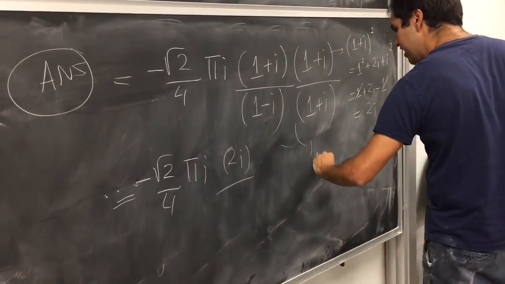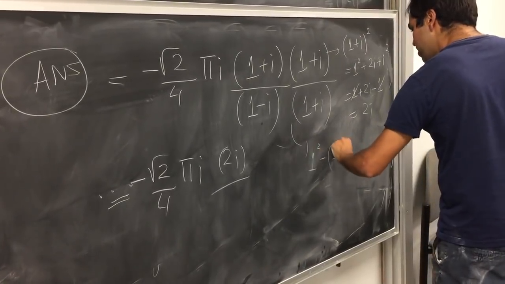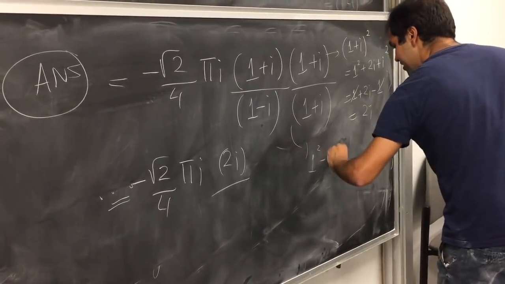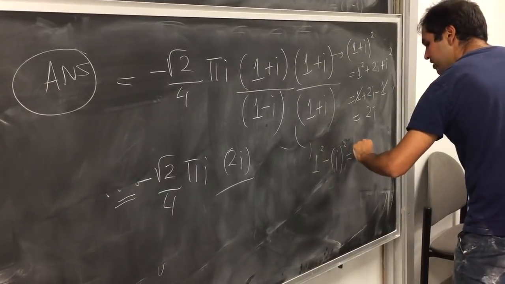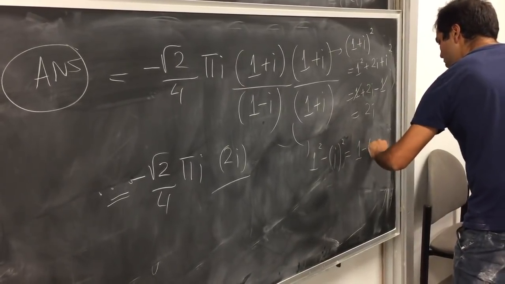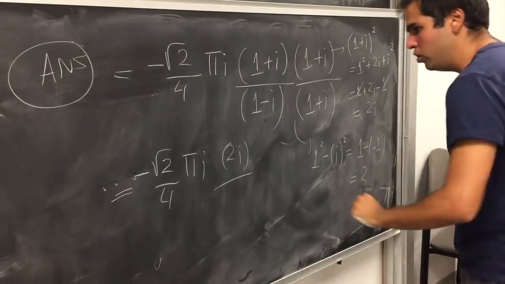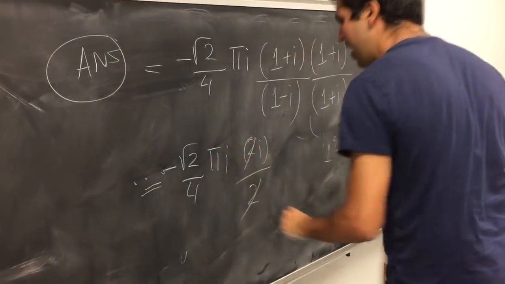What about the denominator? This is just 1 squared minus i squared, so that's 1 minus minus 1, that's 2. So 2i over 2.